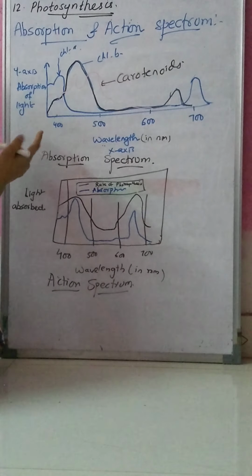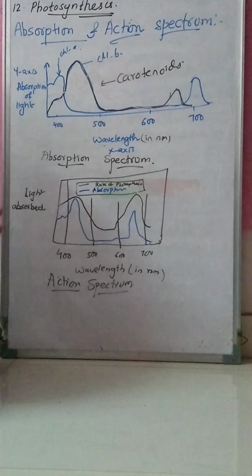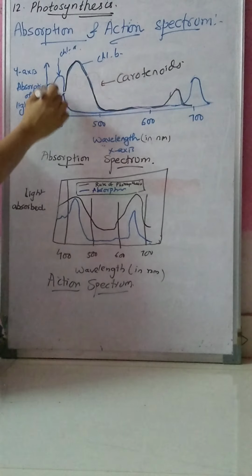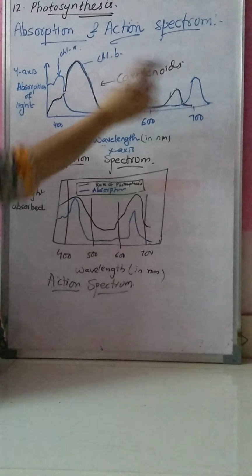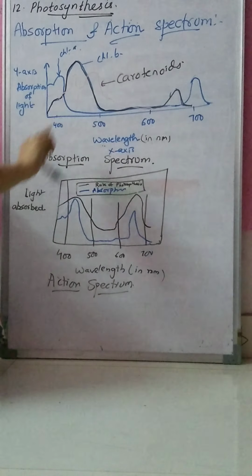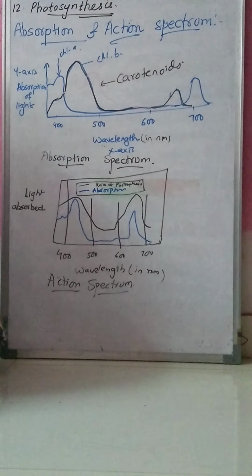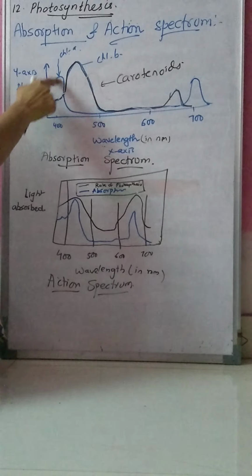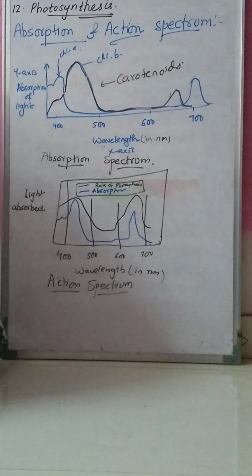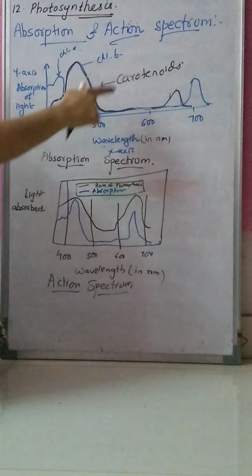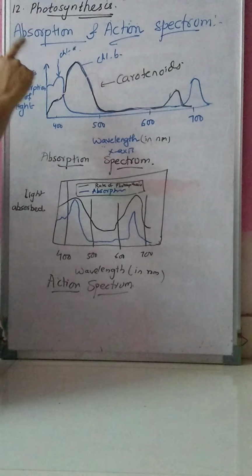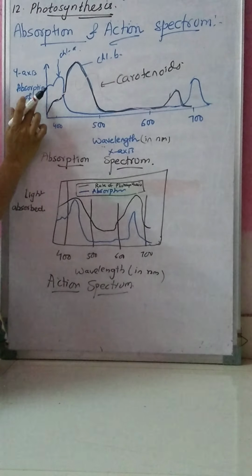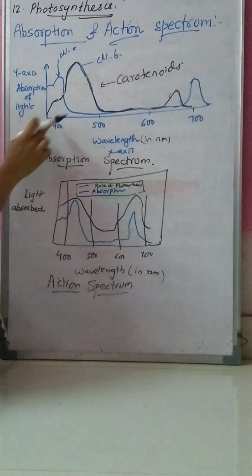Now what does this graph show? Different curves are present at different wavelengths. These curves show the amount of light absorbed at each wavelength.